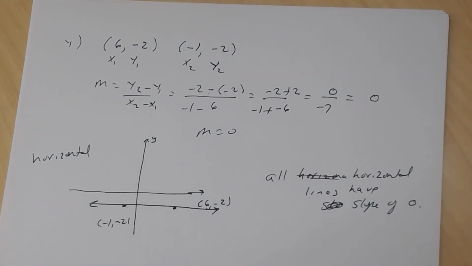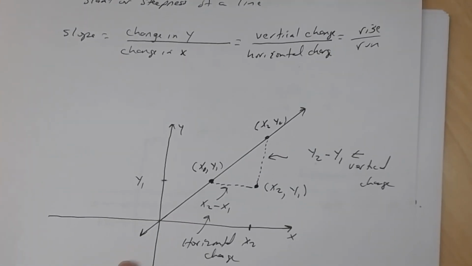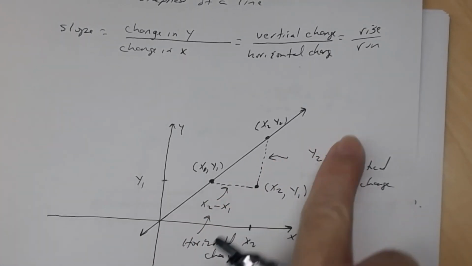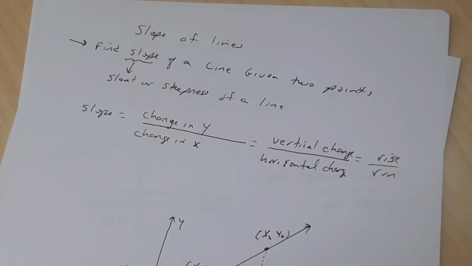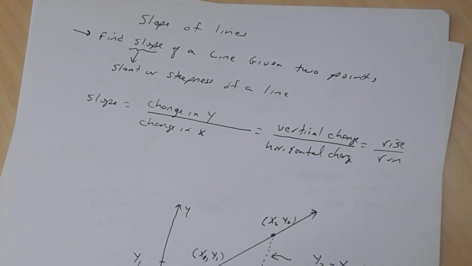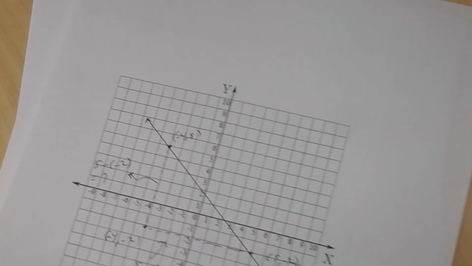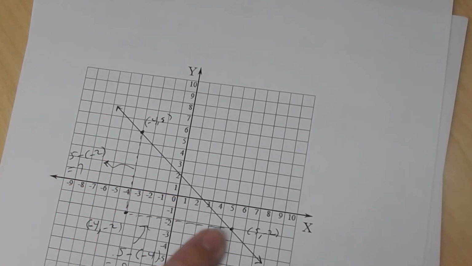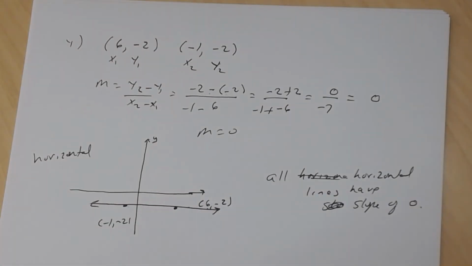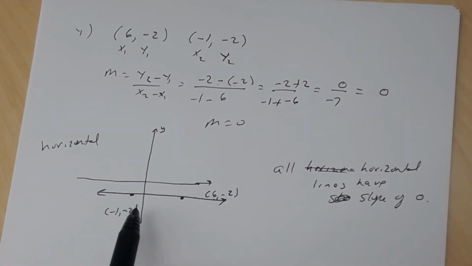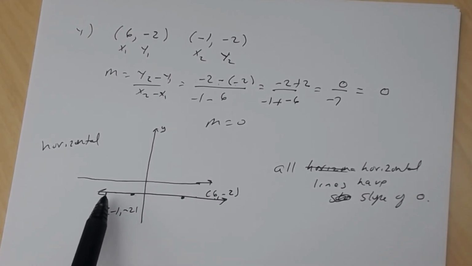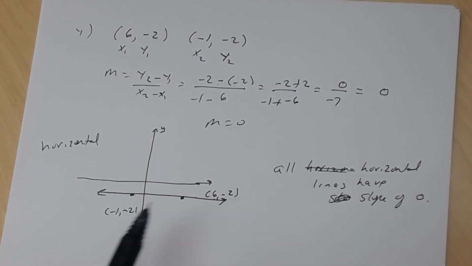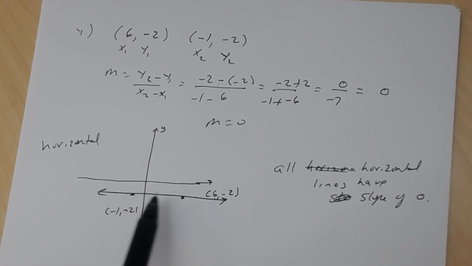If the slope is positive, that means the line rises. If the slope is negative, remember we talked about that, that means the line falls. But now we know that if the line's horizontal, it has slope 0. So if the slope is 0, it means it's a horizontal line.